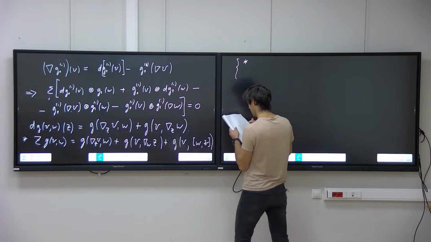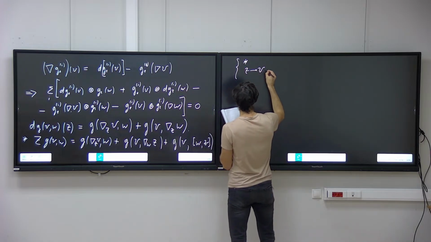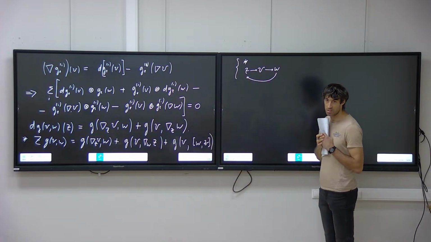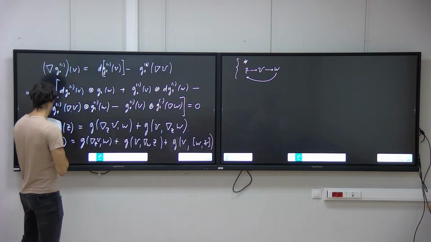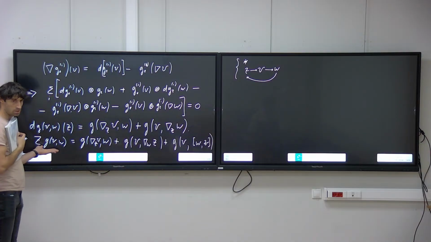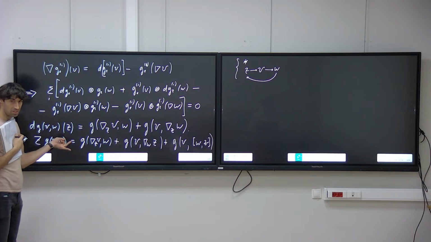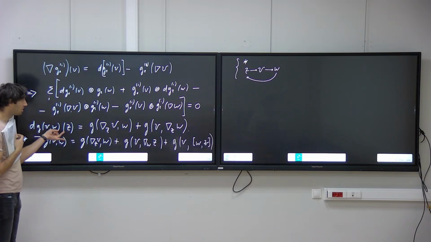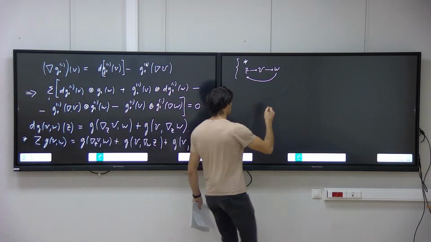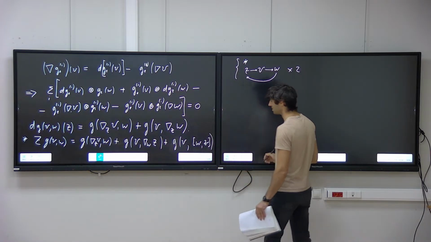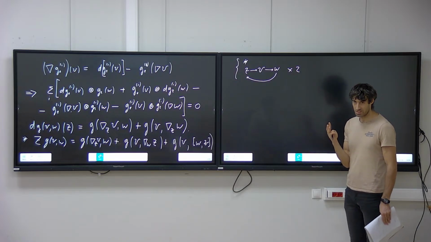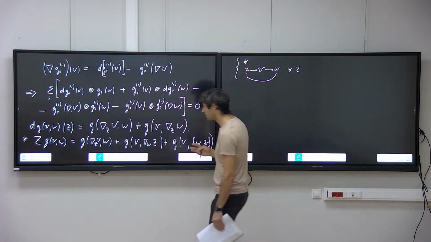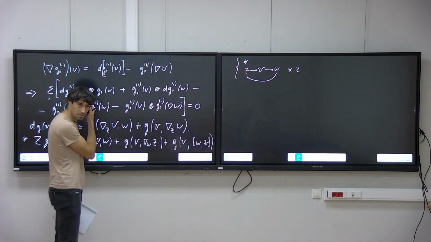In star I take z to v, v to w, and w to z. So I just do a cyclic permutation of vector fields, right? And write the same expression. This will give me another equation. And actually I do this 2 times. So I have 3 equations, and I will have actually 3 unknowns.